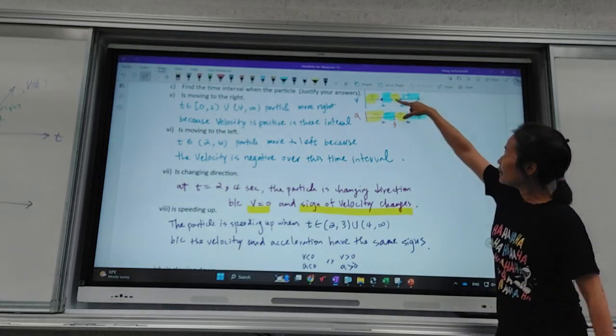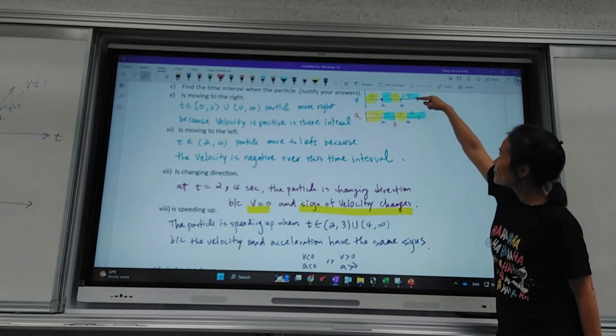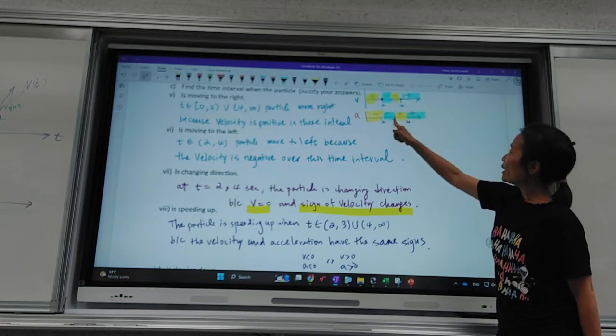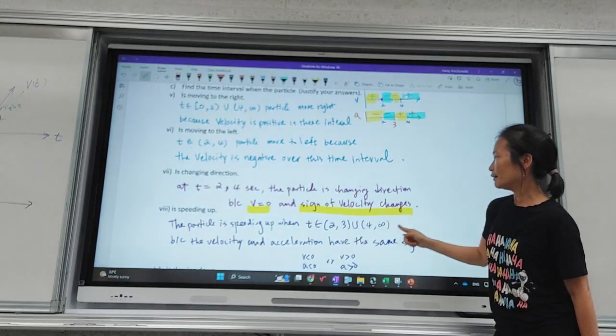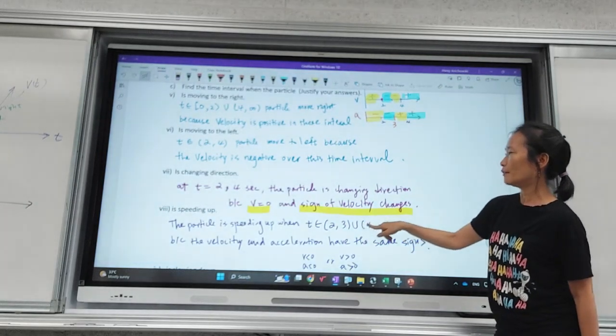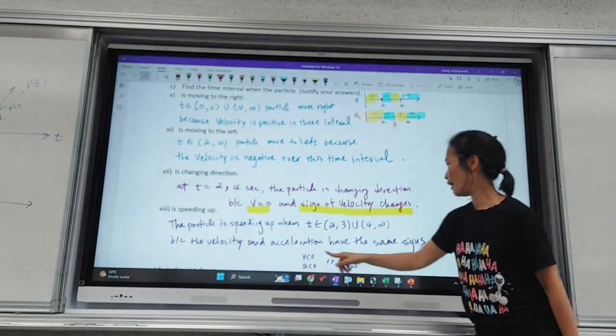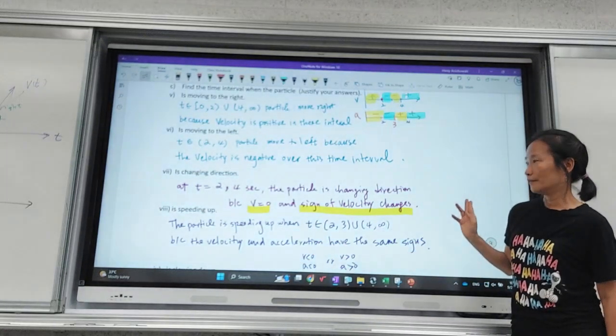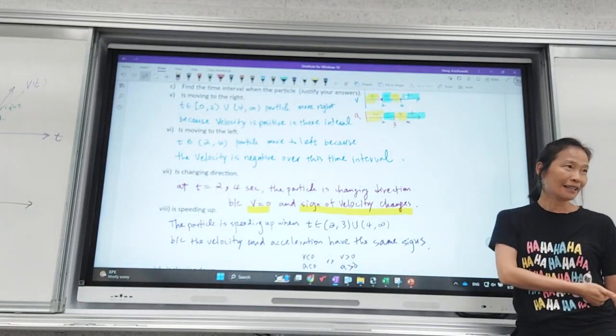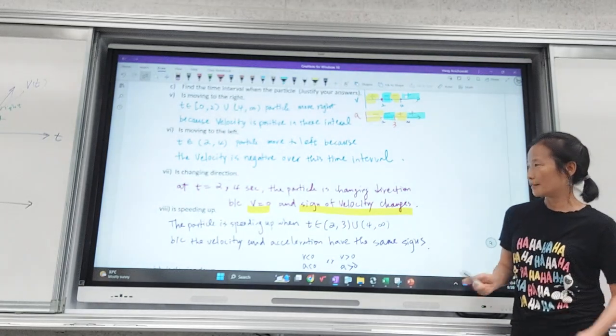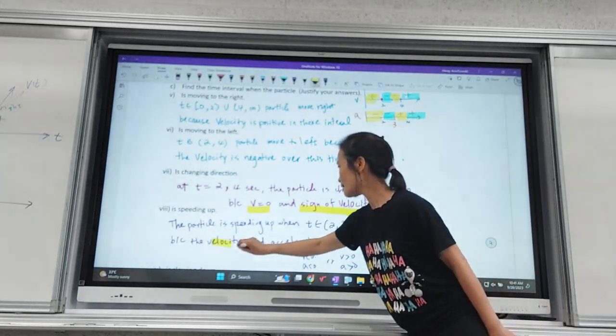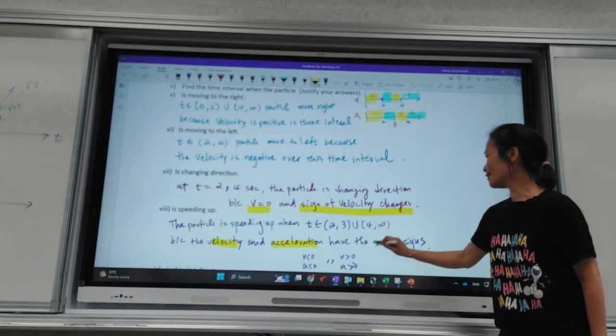So by looking at this, from 2 to 3 and 4 to infinity, in these two time intervals, the particle is actually speeding up. Justified. How do you justify? Because velocity and acceleration have the same sign.